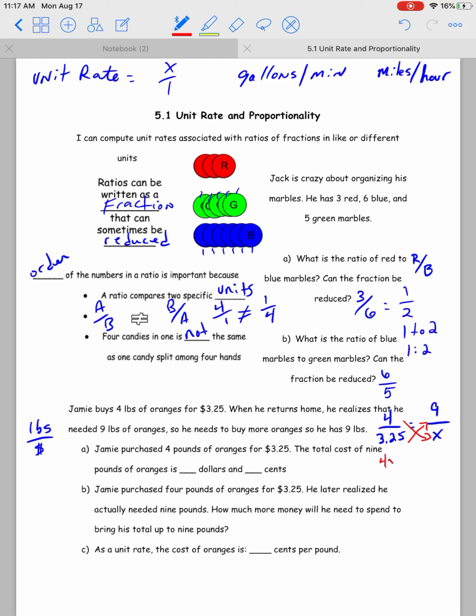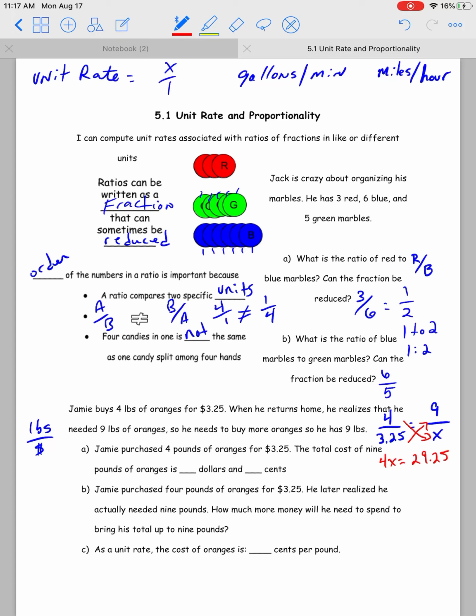So 4 times x is 4x, and that equals $3.25 times 9. What would you get? If you have a calculator, type it in. $3.25 times 9 will give you $29.25. But we want to know the total cost.